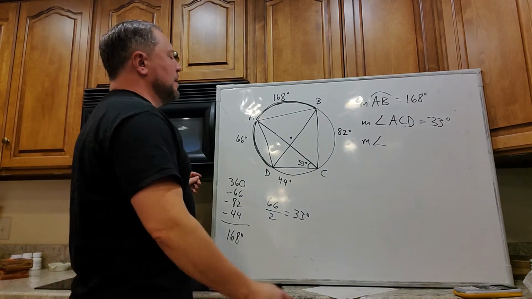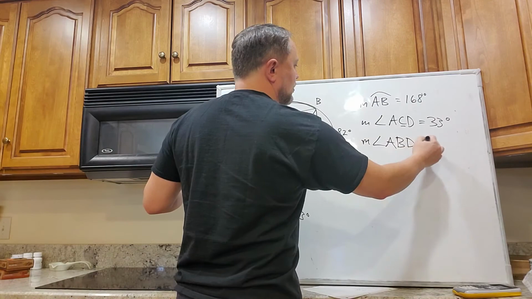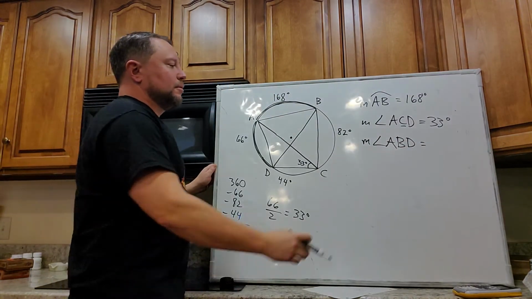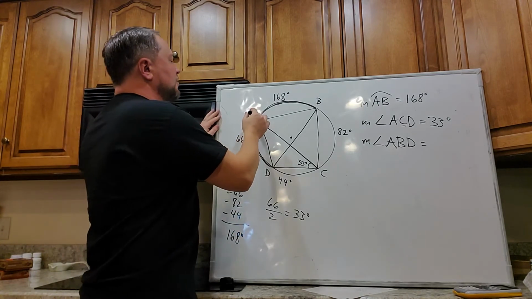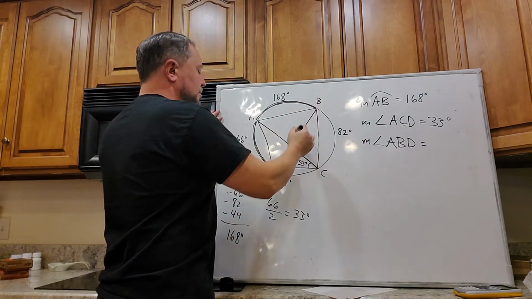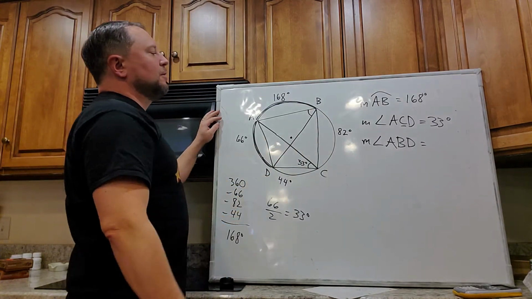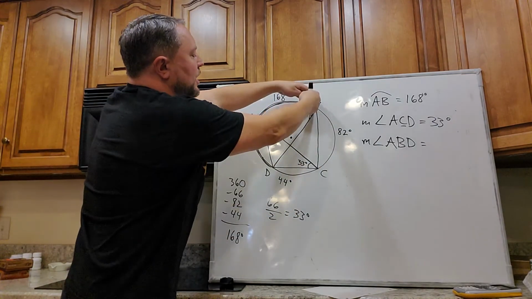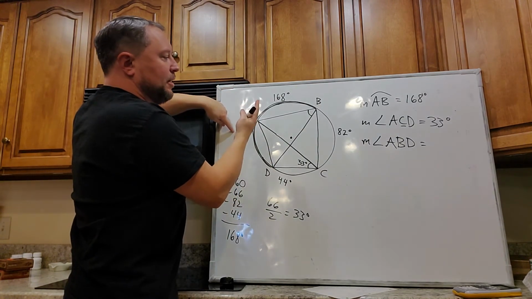Okay, what about angle ABD? Angle ABD. So again, if I follow them in that order, ABD is this angle right there. It's another inscribed angle. I follow it out. It hits the arc that was 66 again.